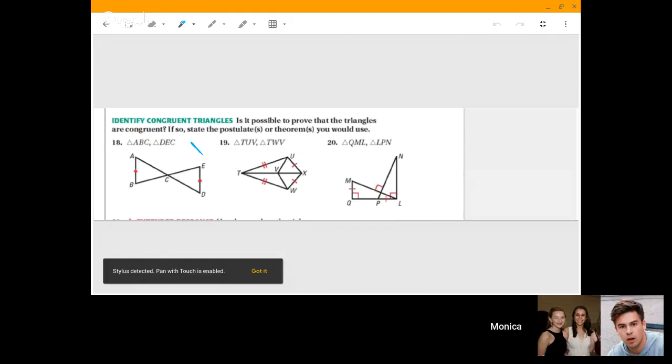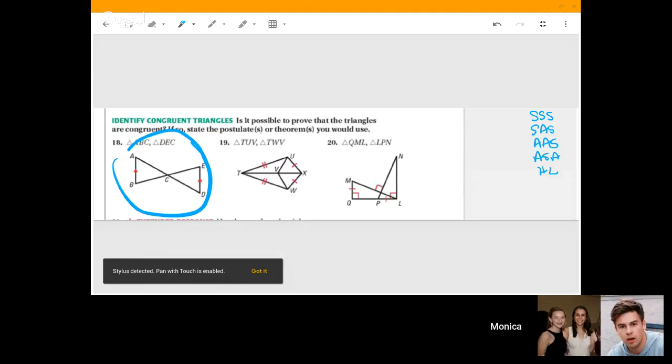And nothing else in this information tells us that any of the sides are congruent. And we know we have side, side, side, side, angle, side, angle, angle, side, and hypotenuse leg. All of those have at least a side in them. So number 18, we're not going to be able to prove congruence because we don't have enough information.